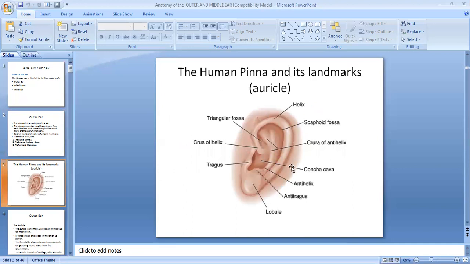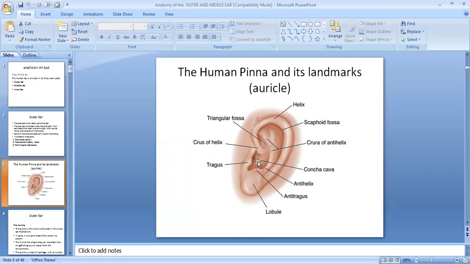The outer visible portion of the external ear has different parts. You can see this is the lowermost part of the auricle, that is the lobule. It consists of fibro-fatty tissues, and it is devoid of cartilage. In this outer projection, that is known as the helix, that is the antihelix.